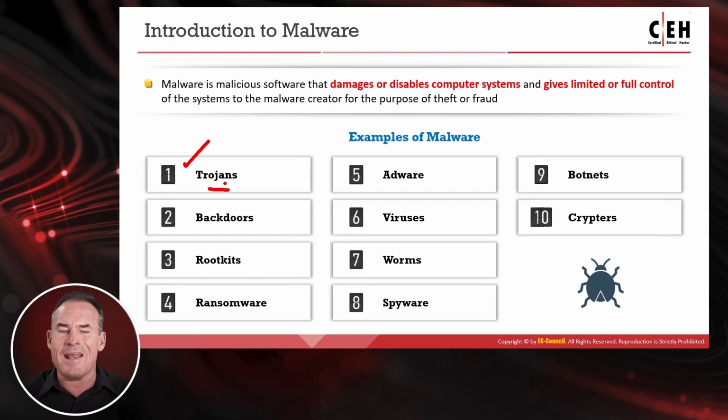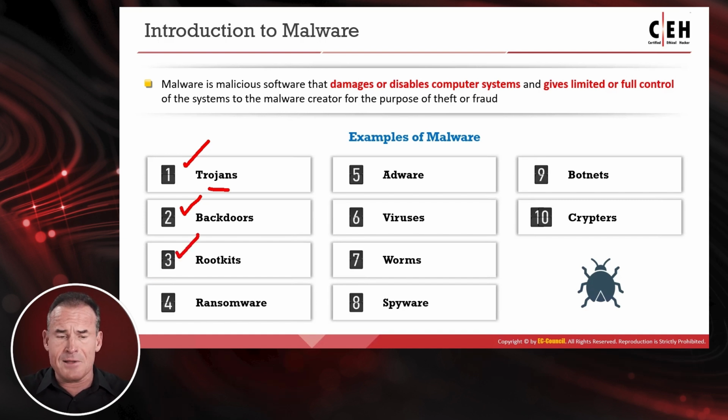You've got something hiding inside that file that you don't know about that is seemingly harmless. Backdoors, any circumvention of front-end authentication or security can be considered a backdoor. Those can be put there purposefully by the manufacturer, or they can be put there by an attacker to maintain access, which is again stage 4 of the hacking cycle.